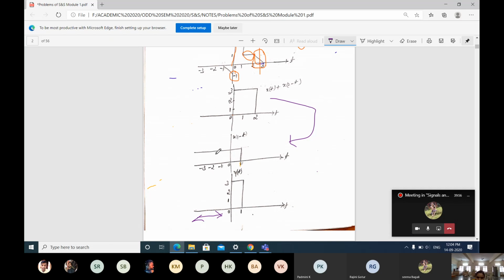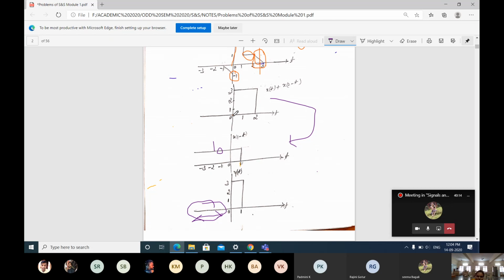Here you will be getting 1 values. 1 into 0 is 0, at minus 1. The magnitude value is always 1 for the unit step function. Here it will be 0, here it is 1, so you will be getting 0 only. In the negative part, you will not get any signal.